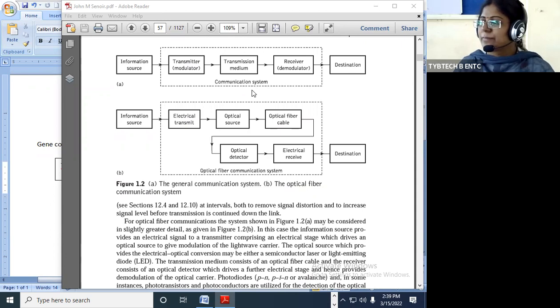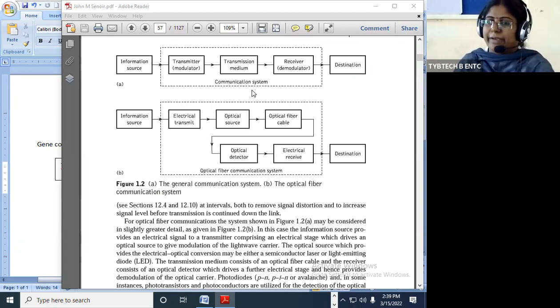Next line. Optical detector converts the light signal in the form of an electrical signal. Full stop.